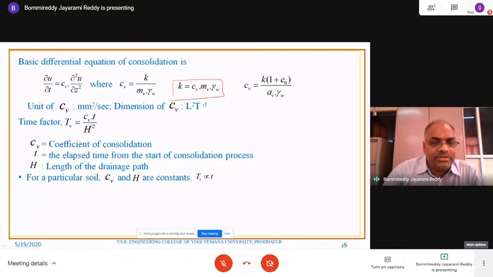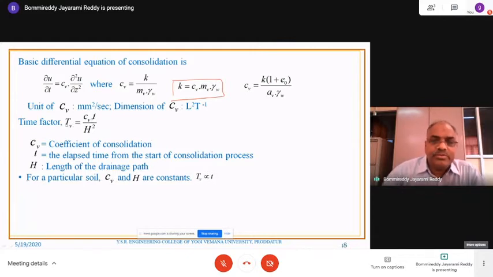If the drainage path is the same, H is constant, and if the soil is the same, Cv is the same. So Tv is proportional to small t, the time elapsed from the start of the consolidation process.